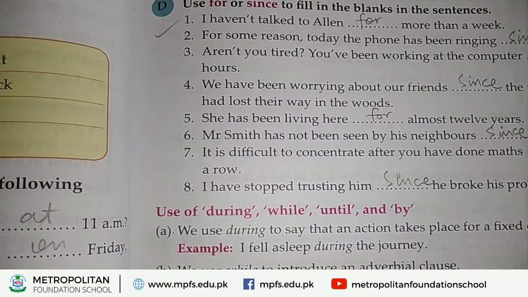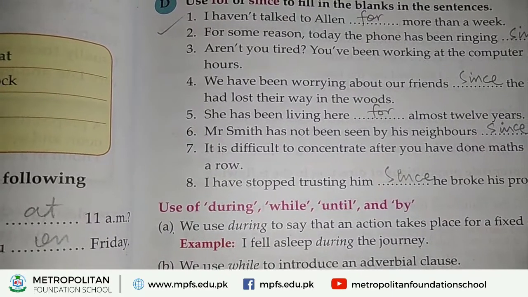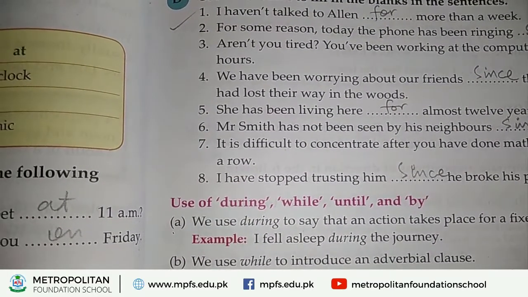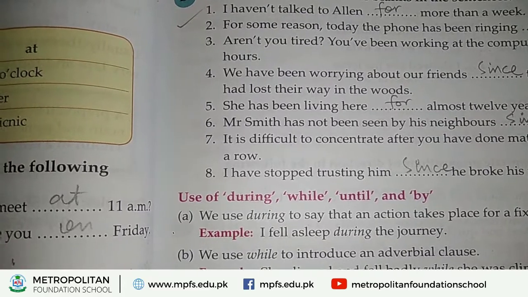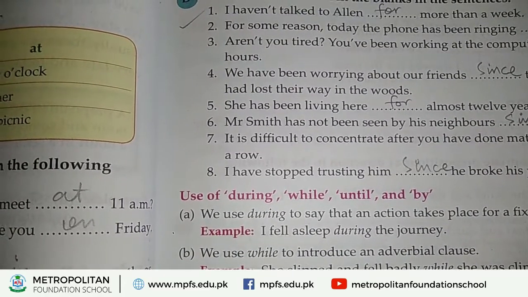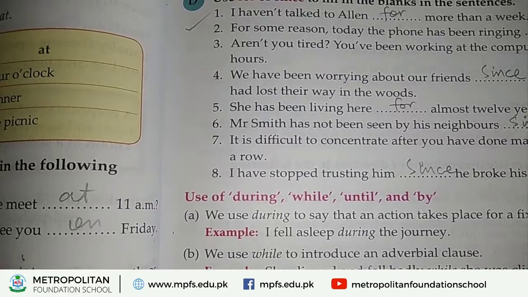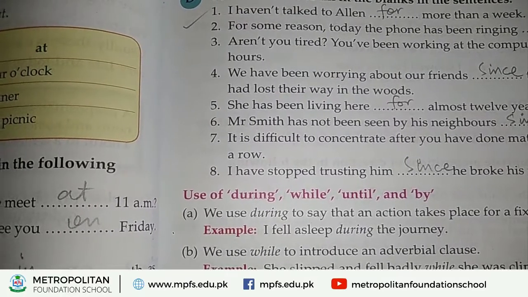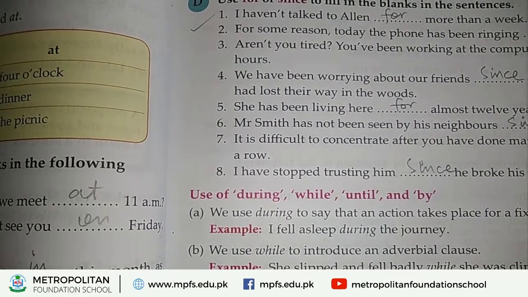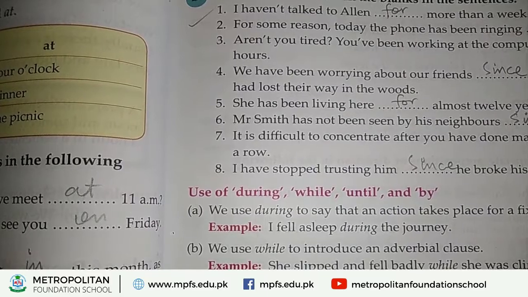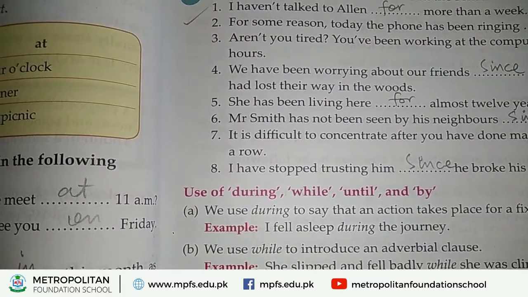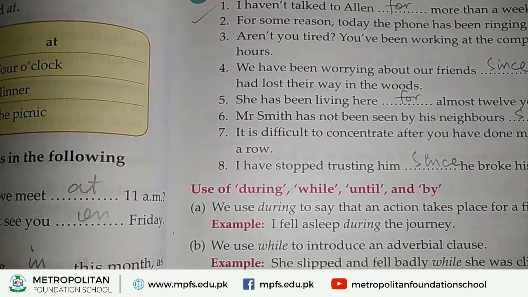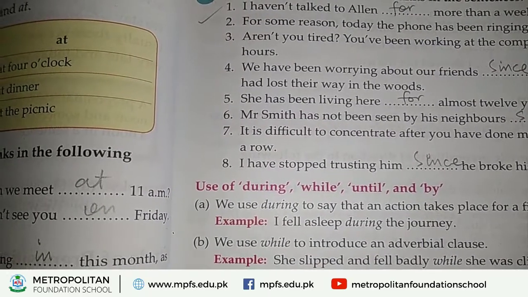Now the use of for and since. We use for and since with the present perfect to talk about an action or state continuing into the present. For refers to the duration or period of an action or state. It does not tell us when the action begins.